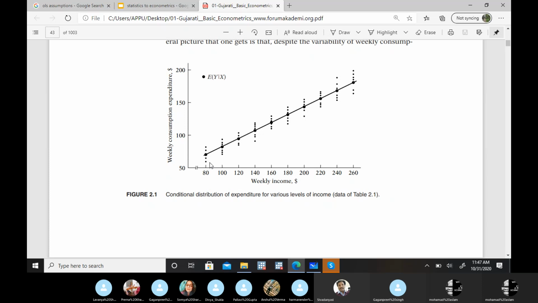But simply try to understand that in all these graphical explanations, we are trying to see that given the X value, what is the expected value of Y? So we are trying to fix some X, and on that particular X value, we are looking at the behavior of Y. Then, this is another X value. Now where are these Y values?